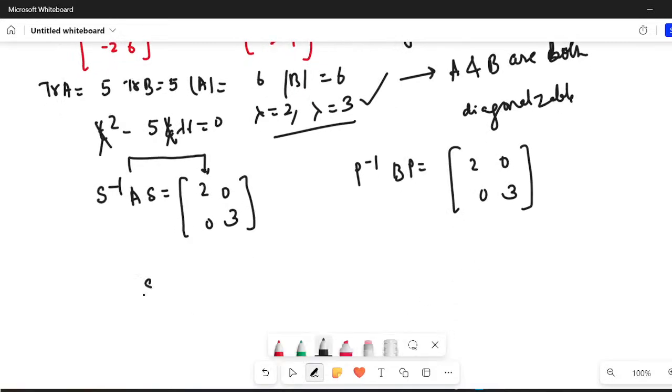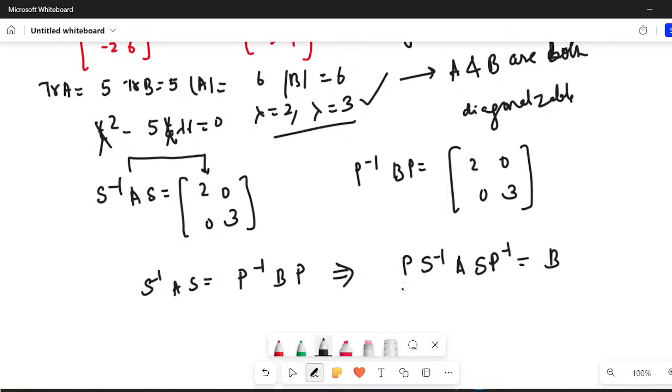So indeed, I can write that my S inverse AS would be simply equal to P inverse BP. And I can multiply with P inverse and with P. I'll get S inverse A S, and then P inverse on one side, and here I'll get B. I can write this particular thing as U. So I'm getting that U inverse A U is equal to B. So clearly A is related to B using a similarity transformation.